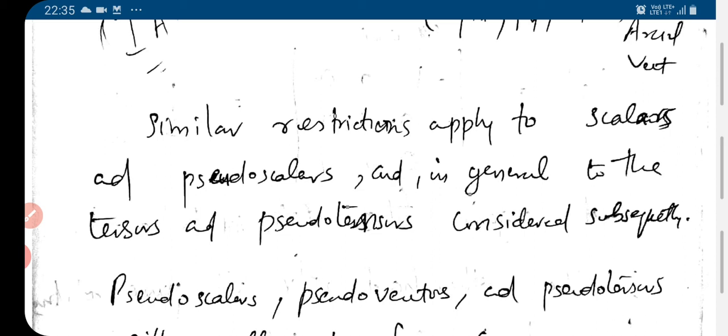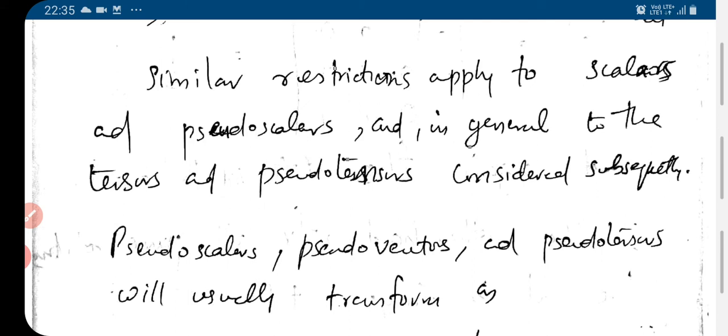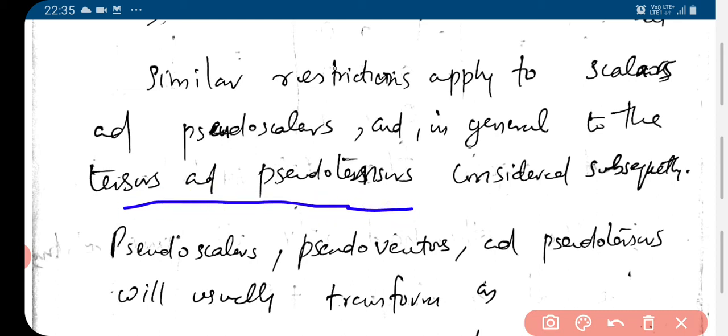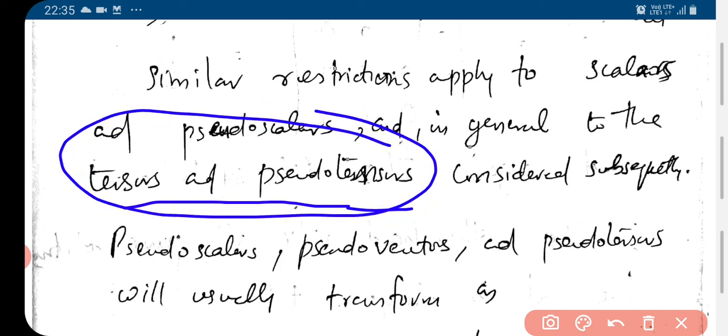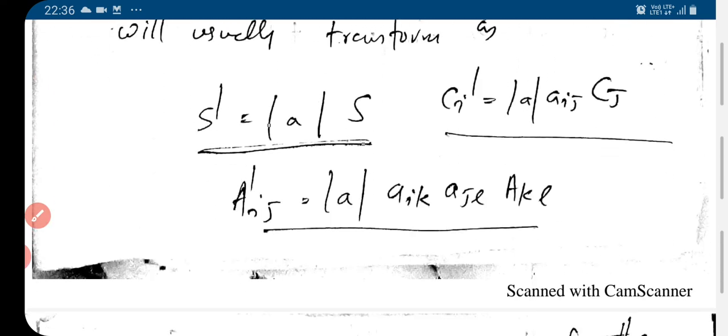Similar restrictions apply to scalars and pseudo scalars, and in general to tensors and pseudo tensors. In the case of a vector, we saw polar vectors and pseudo vectors, and this is quite general. It applies to tensors. So we have pseudo scalars, pseudo vectors, pseudo tensors, and they transform like this.